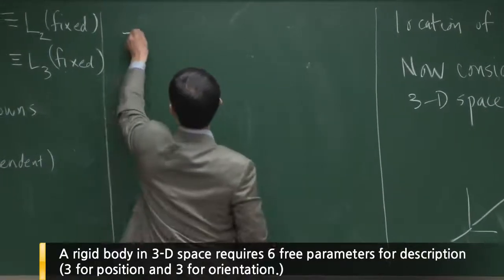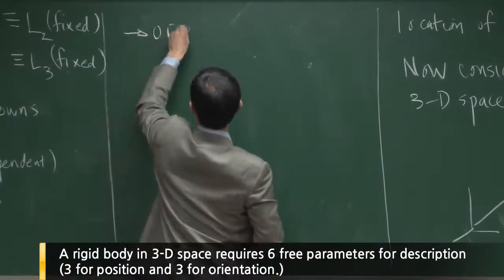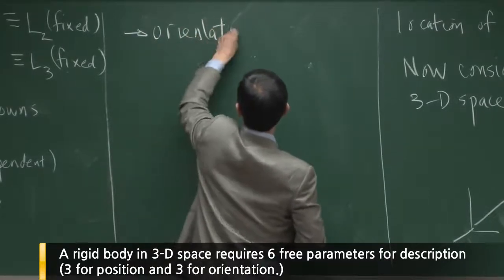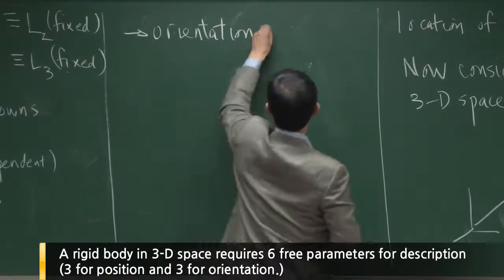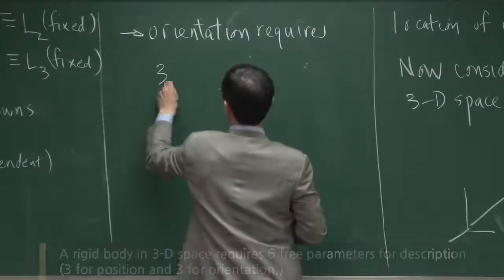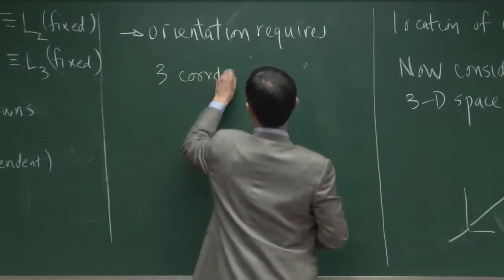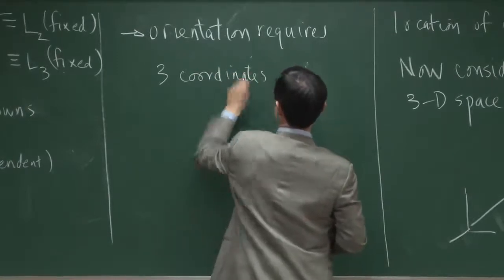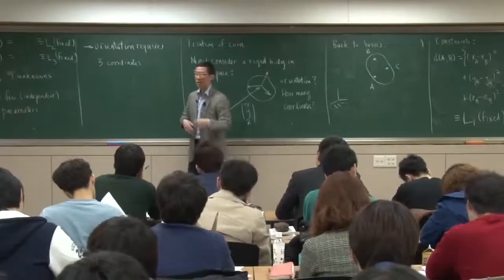So orientation requires 3 coordinates for a description.